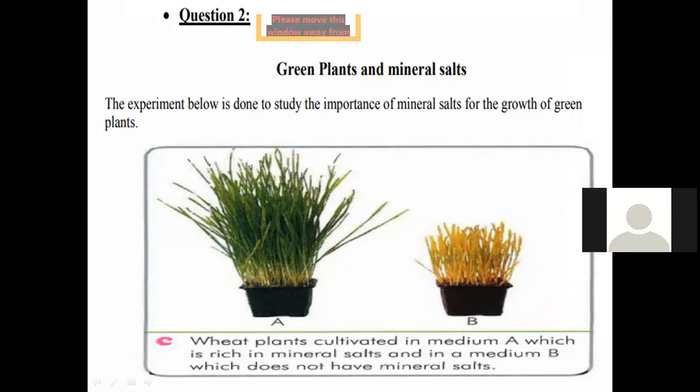Yes, Carlo, can you hear me? Okay, maybe we can move to Hala. Hala, what do you think? What is the purpose or the aim of this experiment?